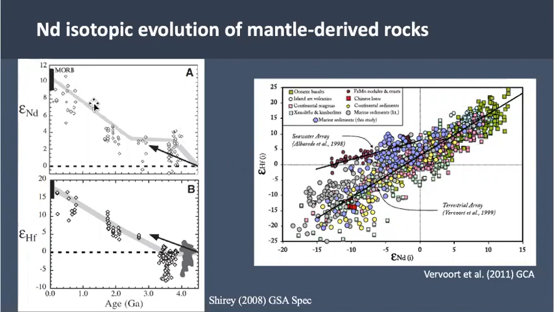And if we track back in time and do this for the different rocks that we have, we can track what the neodymium isotope composition was and what that's telling us about this differential partitioning of samarium versus neodymium. The oldest rocks we have are about 4 billion years old, and their neodymium isotope compositions are higher than the bulk Earth. The bulk Earth in this diagram, by definition, is set to 0. So this is tracking this depleted mantle reservoir over time.